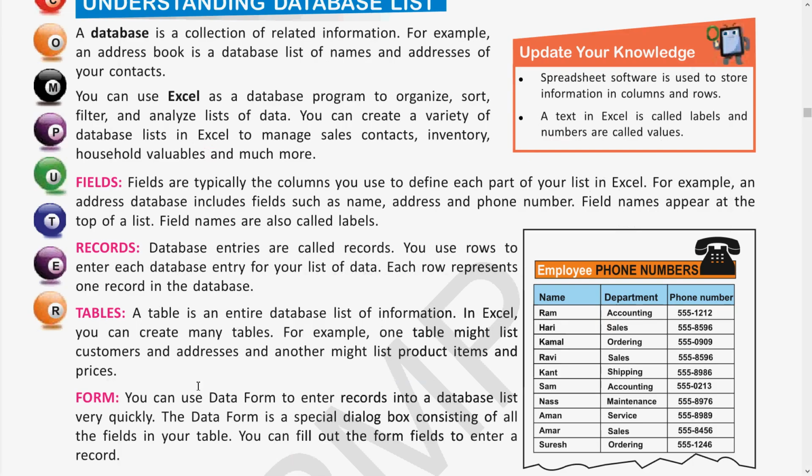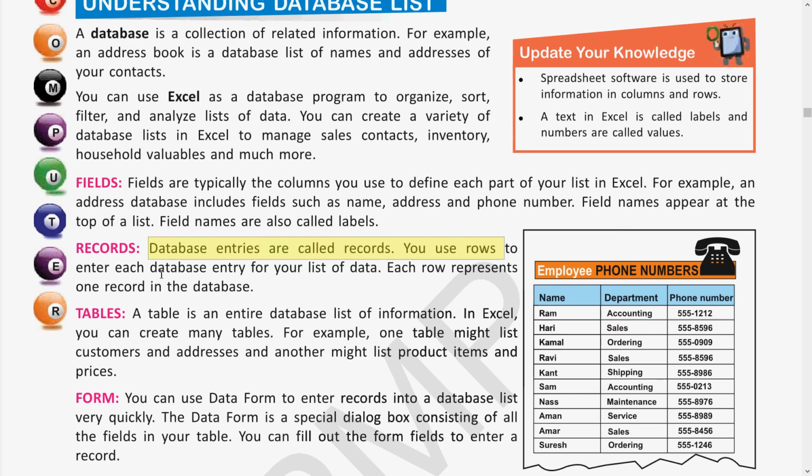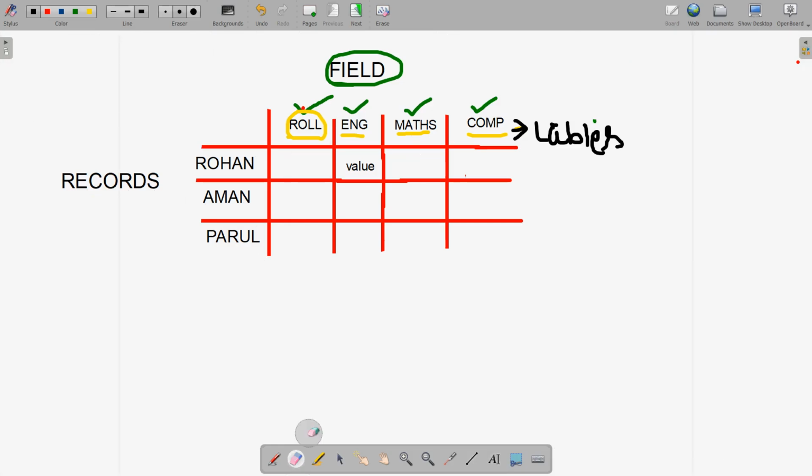Now let us come again to the textbook. Here we have just seen the field. The next is records. What are records? The database entries are called records. You use rows to enter each database entry for your list. Each row represents one record in a database. A record is horizontal, like the different information about Rohan, Aman, Parul.